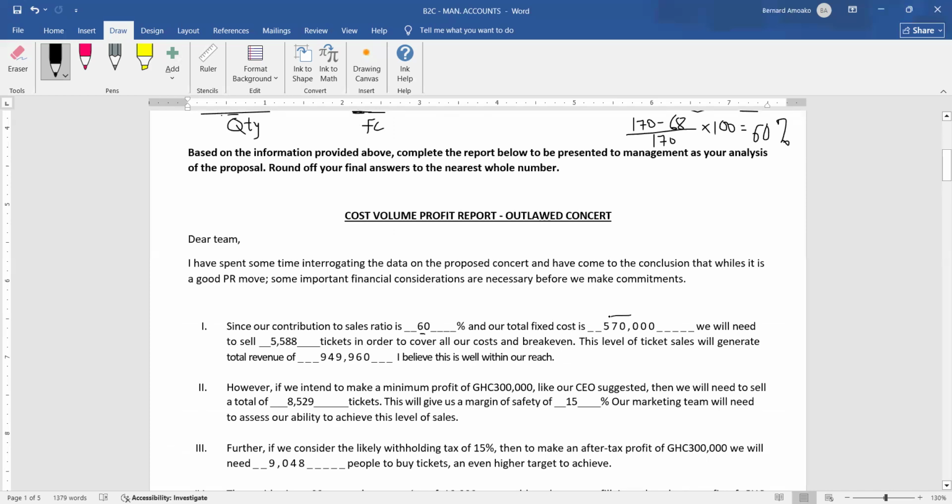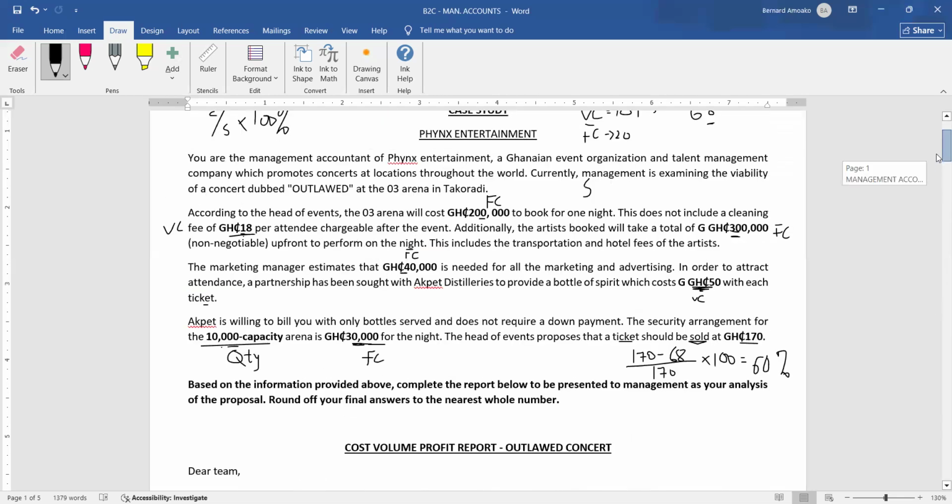Would you agree with me that 570 will be my total fixed cost? We have the non-negotiable artist booking, the rental of the arena, marketing, and then the security guards fees.